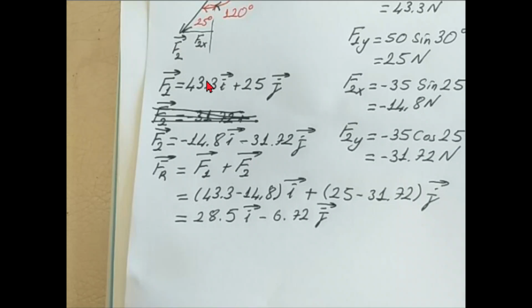Now what is asked? We are asked for the magnitude of the resultant force and direction measured counterclockwise from the positive x-axis. Certainly we can calculate the magnitude of the resultant force. Magnitude of the resultant force is FR. That is the square root of the squares of its components in x and y direction.